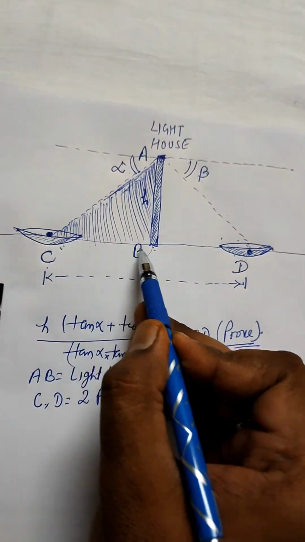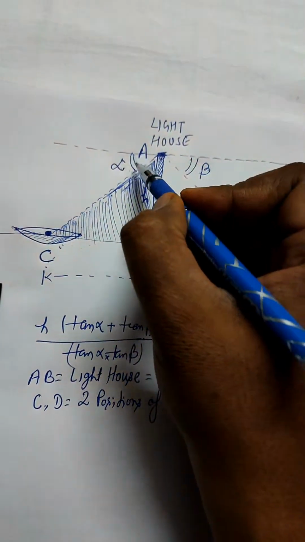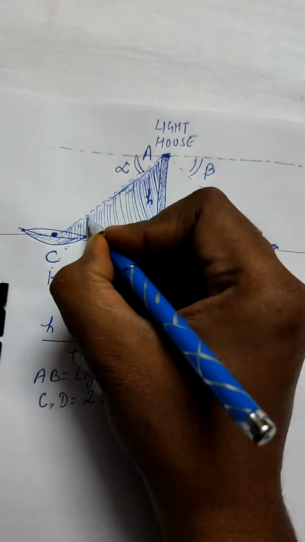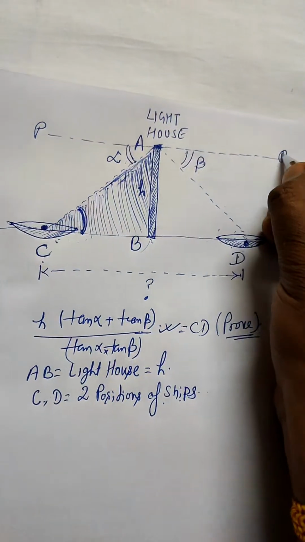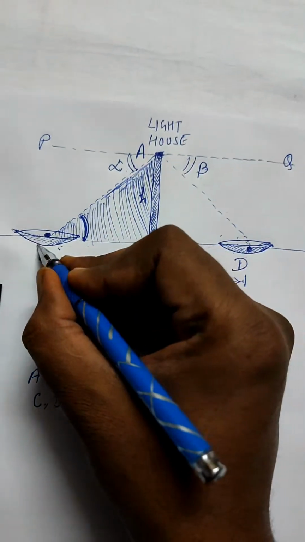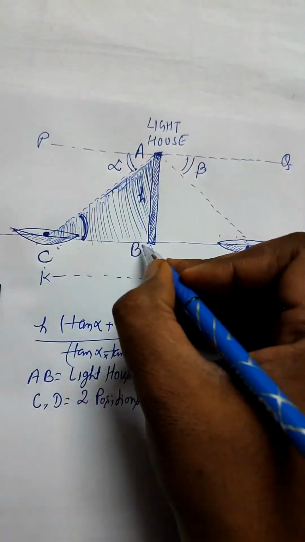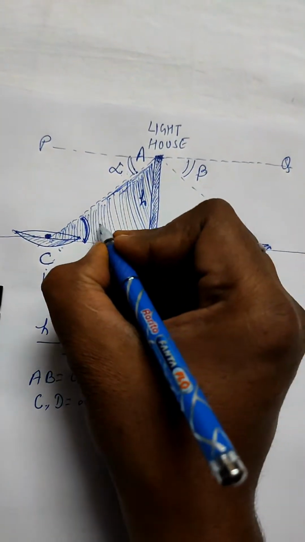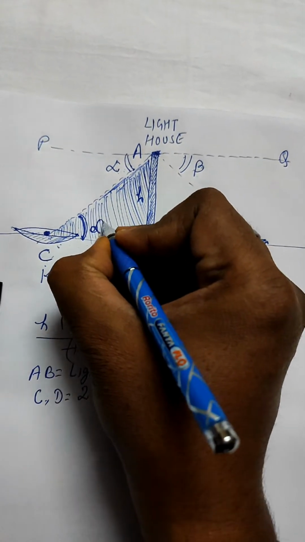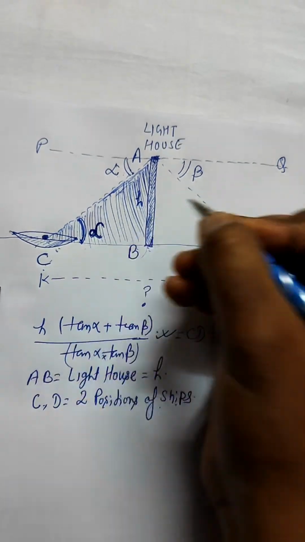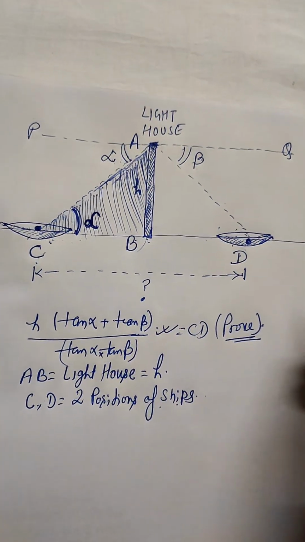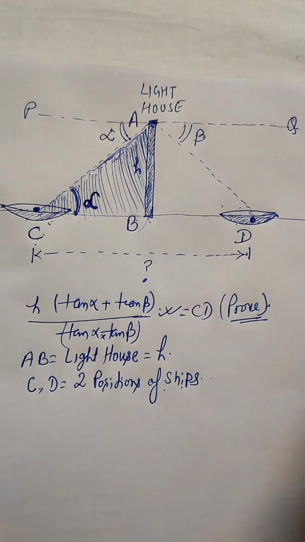This line crossing through the foot of the lighthouse, then this angle is alpha. If PQ, if PAC is alpha, then ACB is also equal to alpha. I put this question yesterday and I am explaining it today.